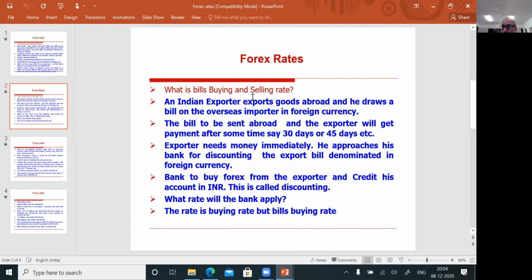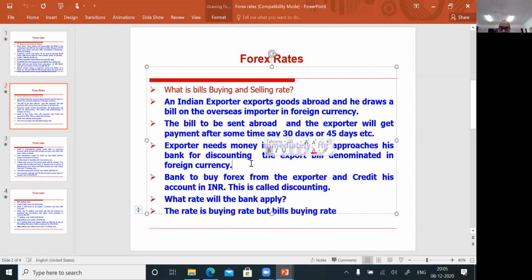An Indian exporter exports goods abroad and draws a bill on the overseas importer in foreign currency. The bill is to be sent abroad and the exporter will get the payment after some time, say 30 days or 45 days, depending upon the usance of the bill. The exporter needs money immediately. He approaches the bank for discounting the export bill denominated in foreign currency.